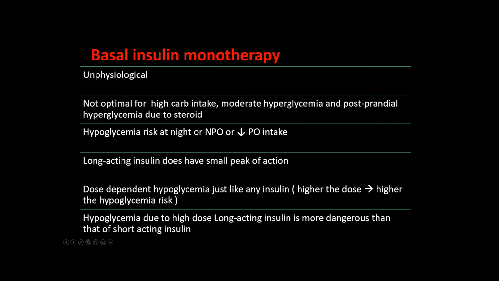The patient stops eating, or the patient becomes comatose. Whatever insulin you give can linger in the system within 24 hours. With the reduced mental status and the high dose of basal insulin, it can make the altered mental status worse. So this is not the ideal situation if you rely only on basal insulin as monotherapy.